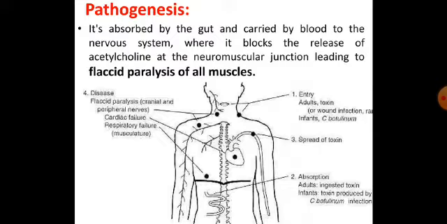When it is absorbed by the gut, it is carried by the blood to the nervous system, where it blocks the release of acetylcholine at the neuromuscular junction, leading to flaccid paralysis of all muscles. Again, botulinum toxin causes flaccid paralysis of all muscles, while in the case of Clostridium tetani, the neurotoxin causes severe spasm of all muscles, but here it is flaccid paralysis of all muscles.